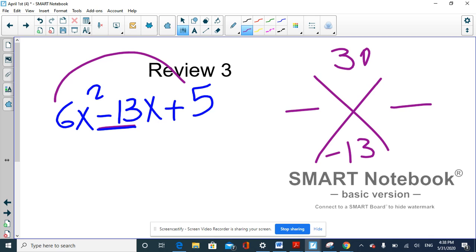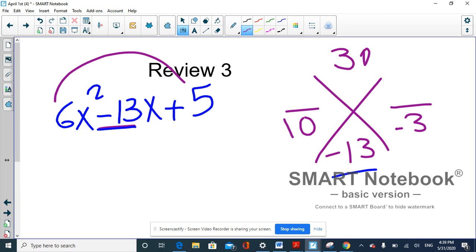What are the two numbers that, if you multiply, give you 30? We have some options. The correct one would be 3 times 10, because 3 times 10 gives you 30, but we have something to fix here. 3 plus 10 is 13, and I want it to be negative 13.